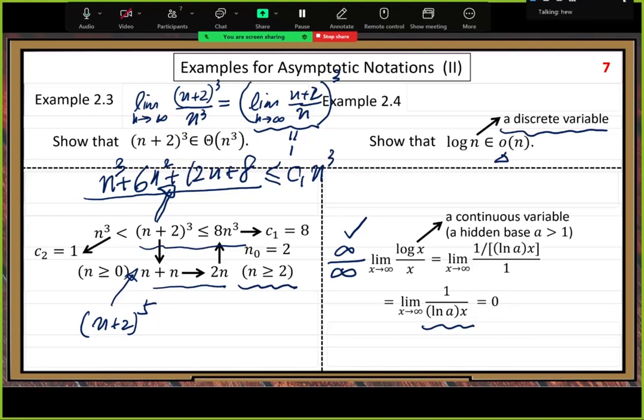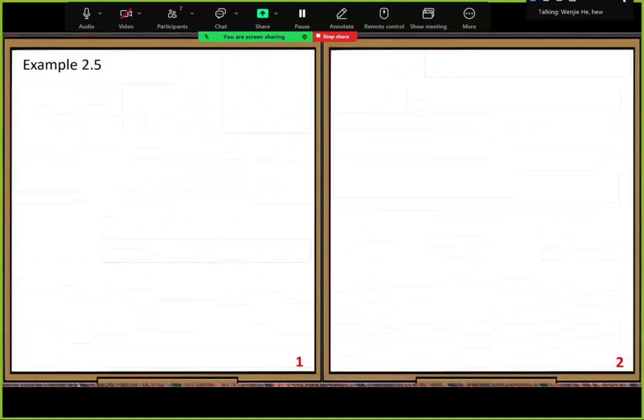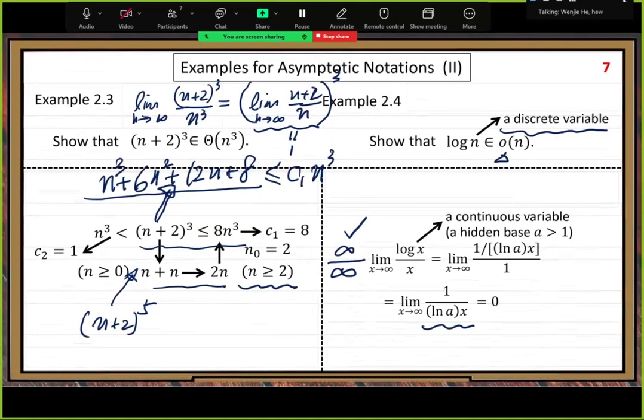And when the limit is 0 for continuous variable x, we can jump to the discrete version immediately.